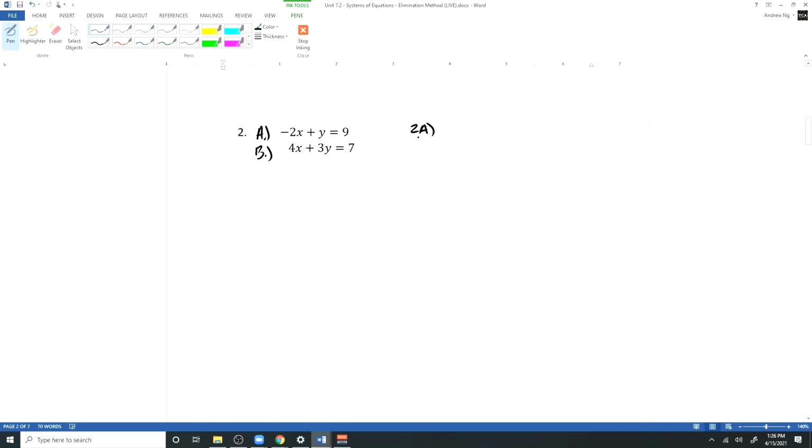So I'm going to represent that by saying 2A over here. This is just saying everything in A multiplied by 2. So this would be negative 4x plus 2y equals 18. I am literally multiplying everything in equation A just by 2. And B I'm going to leave alone. B is still going to be 4x plus 3y equals 7.